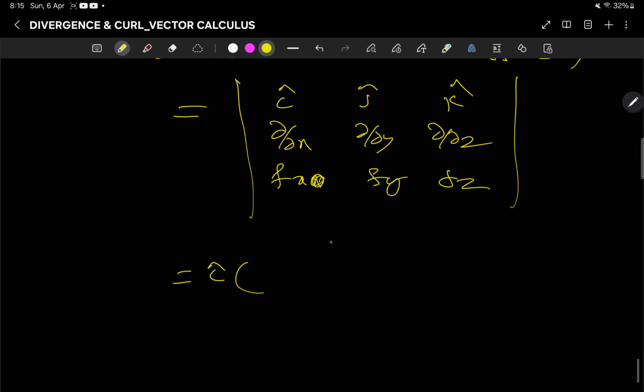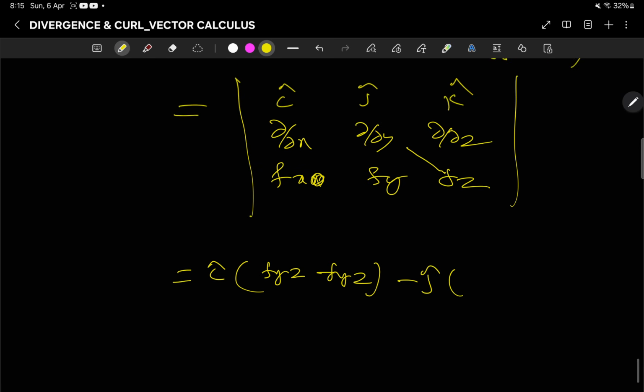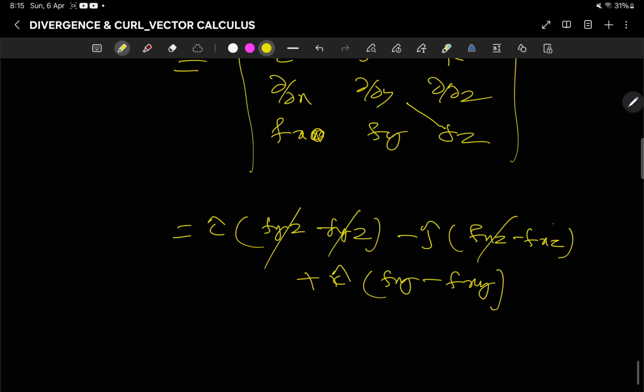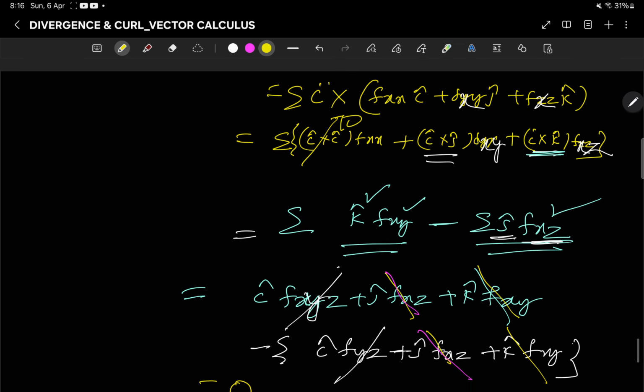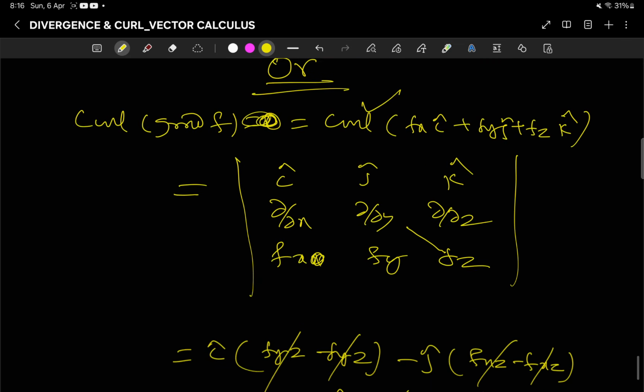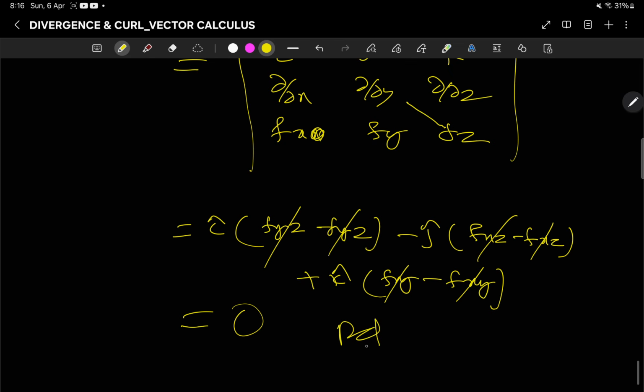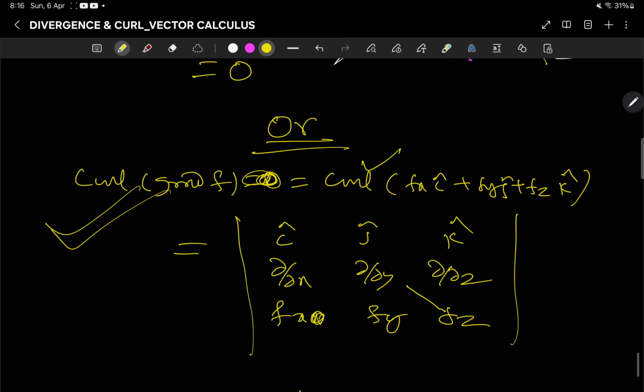So this is I cap into (fzy minus fyz) minus j cap into (fzx minus fxz) plus k cap into (fyx minus fxy). So this is cancelled, this is cancelled, pairwise cancelled. So this is equal to 0. Now this is proved. You may adopt this method of proof also.